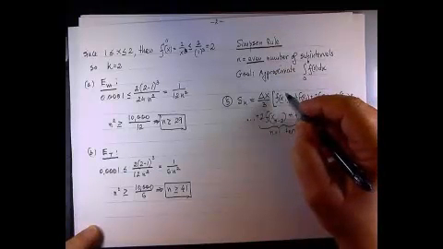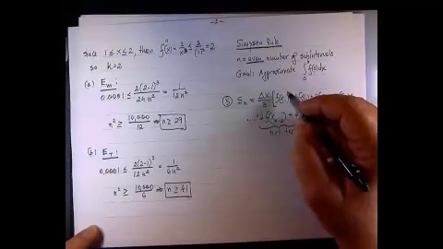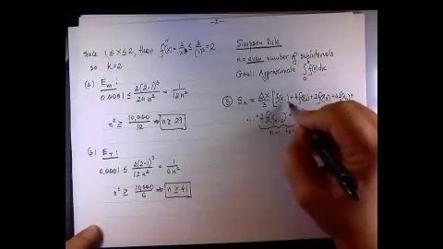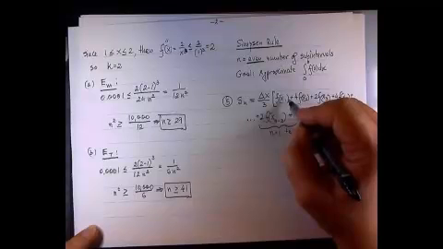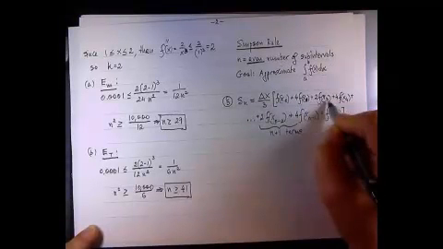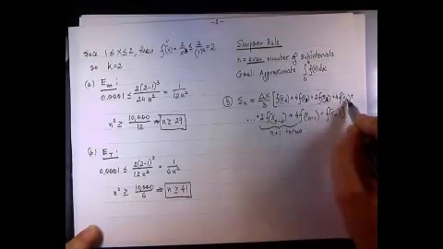So actually, we need to start with a 0 here. Let me think for a second. Yeah, I think we need to start with a 0 here, because the first interval is from 0 to 1, the second interval from 1 to 2.